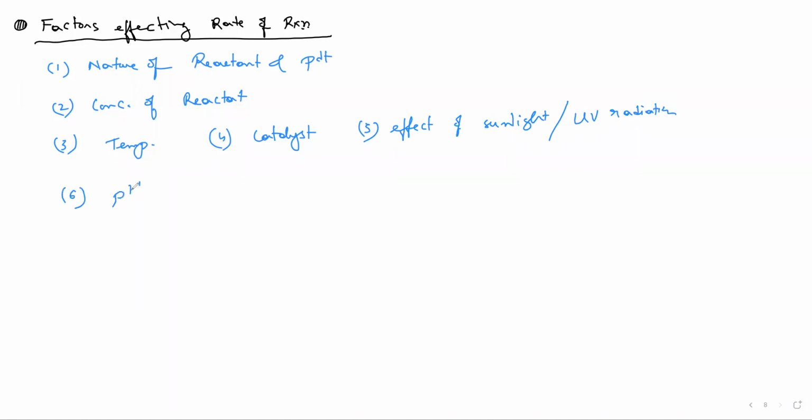Sixth is pH of the medium. And last is effect of electrical and magnetic field.